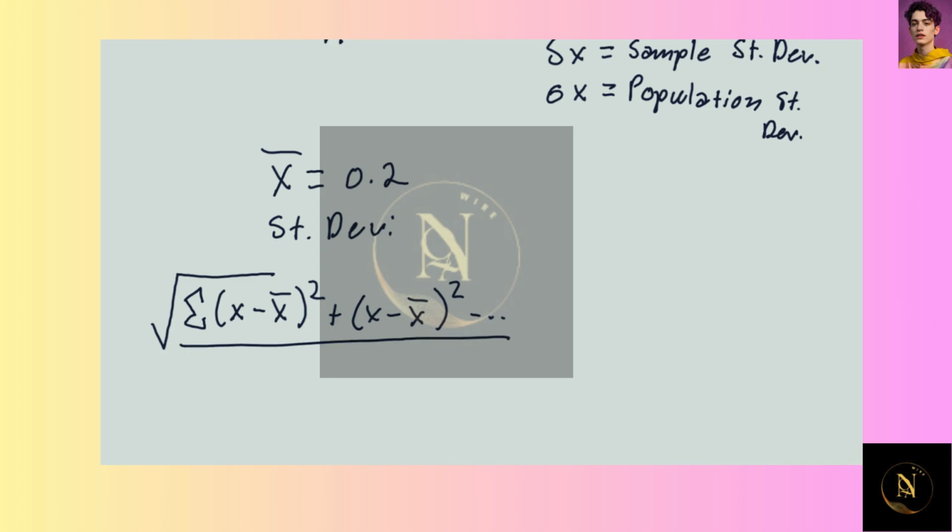Then you divide that by the number of your data set minus 1, and that's how you get your standard deviation.